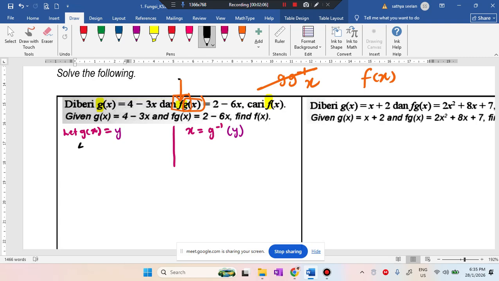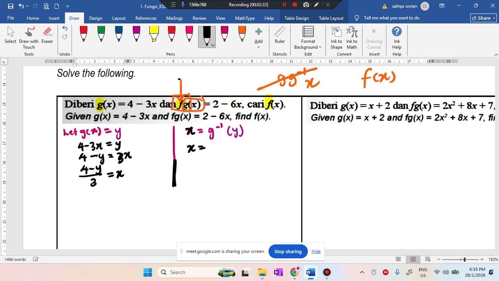g of x is 4 minus 3x equals y. From here, make x the subject, because x as the subject is actually the g inverse. So I bring the y here so that I get positive 3x, and then 4 minus y over 3 is equal to x.